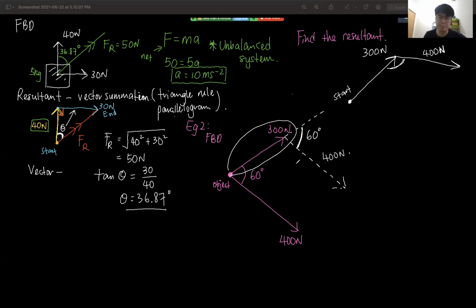This is 60, because these two are parallel. Okay. Corresponding angle, 60, 60. So if this is 60, then here is 180 minus 60. So here is 120. Okay, so the angle between the 300 and the 400 drawn here is 120 degrees.